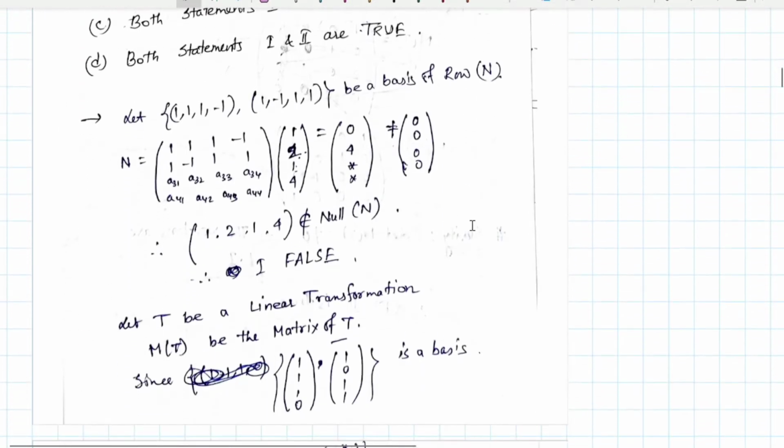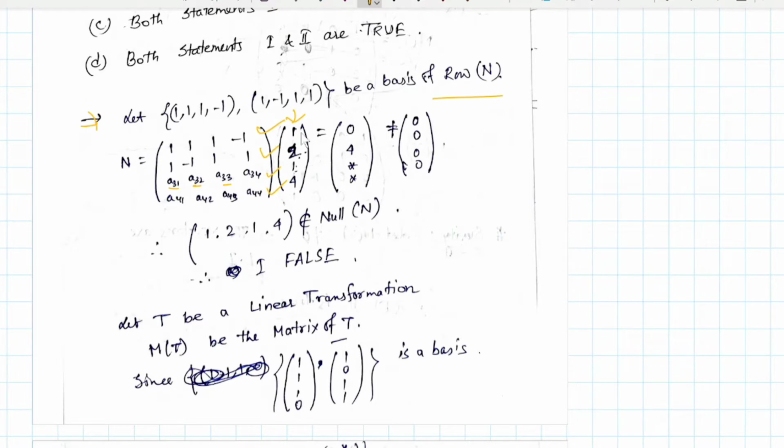So the solution: let (1, 1, 1, -1) and (1, -1, 1, 1) be the basis of the row space of N. That means these two vectors are row vectors, and suppose the other two row vectors are a31, a32, a33 and so on, and this is the column vector which belongs to the null space.